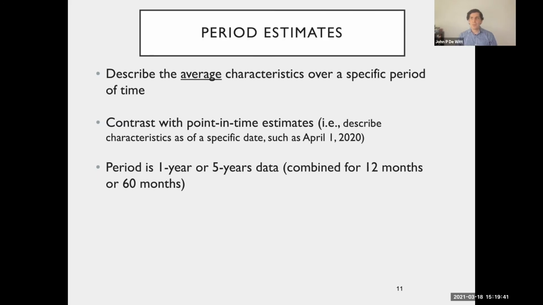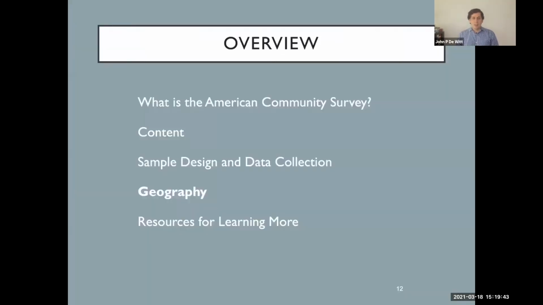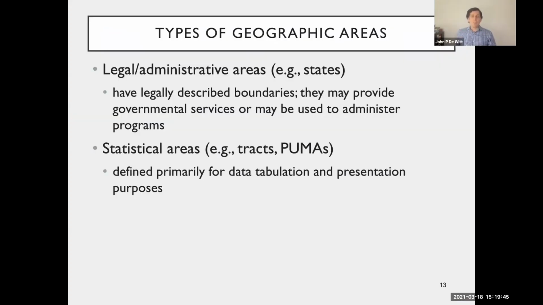And with that in mind, as we talk about geographies, there are two basic types. There are the legal administrative areas that we might be familiar with, states, counties, etc. But the Census Bureau, through the Office of Management and Budget, has defined a number of other statistical areas.